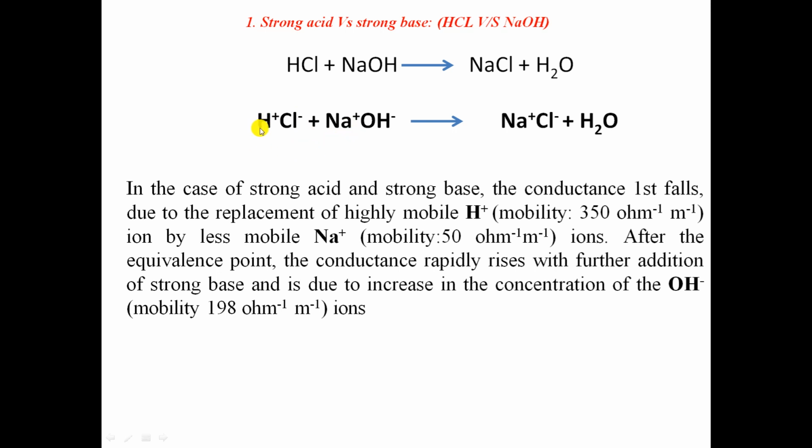Therefore, the highly mobile H+ ion is replaced by the less mobile Na+ ion. Because of that, the H+ ion concentration in the solution decreases and the Na+ ion concentration increases. So the conductivity of the solution decreases, because the highly mobile H+ ion is replaced by the less mobile Na+ ion. Conductivity goes on decreasing up to a certain point where all molecules of HCl present in the solution are neutralized by NaOH.